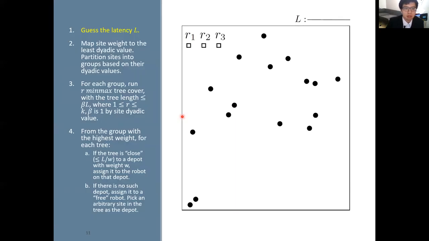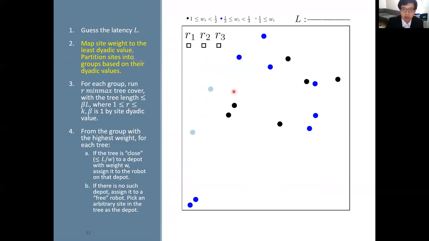Here is an example. Let's say we guess a latency L, and with this L, we already convert the time into a distance to be easy to understand. And let's say we have 3 robots in this example, and we have a bunch of sites here. Our second step is to map the weight of each site to the nearest dyadic value.